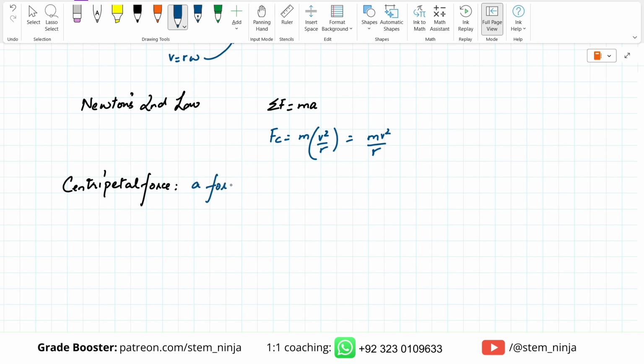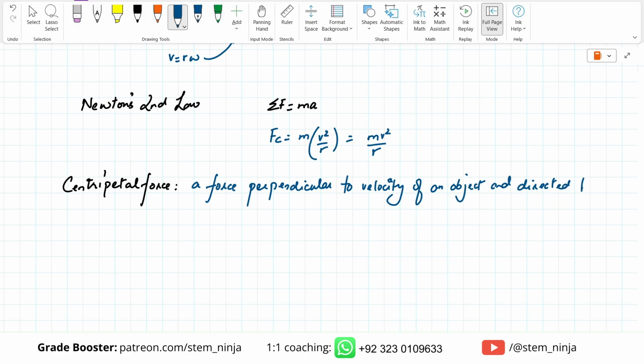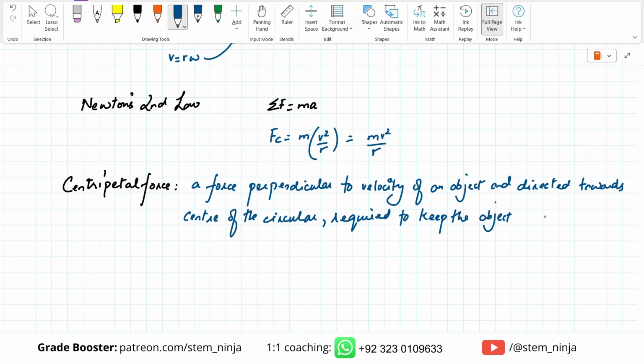A force perpendicular to the velocity of an object and directed towards the center of the circular path, or center of the circle, required to keep the object in circular motion.